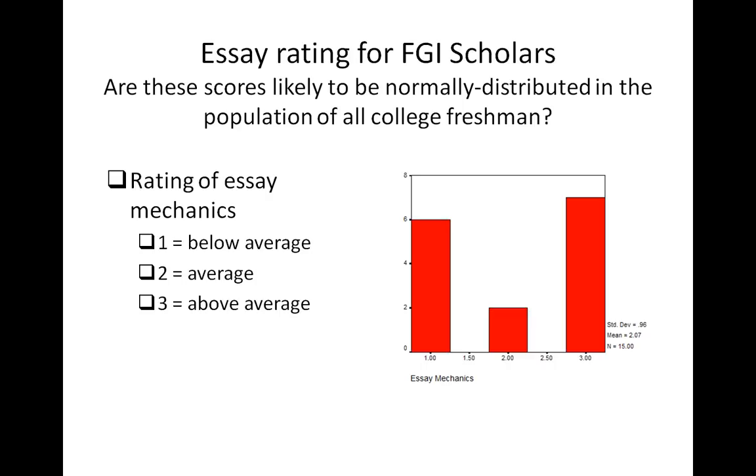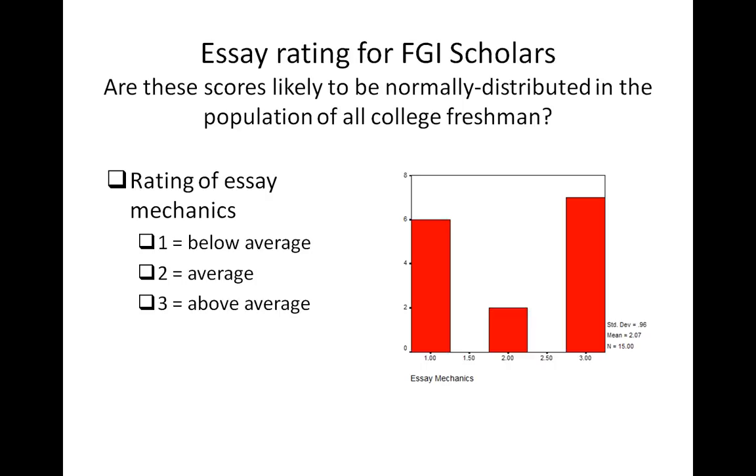The first thing you notice about this is that certainly this little group of FGI scholars doesn't follow a normal distribution. But the real question that has to be answered is: is it likely that the population of all college freshmen would follow a normal distribution, where you'd have a smaller percentage below average, the larger percentage in the average, and then above average, a smaller percentage?